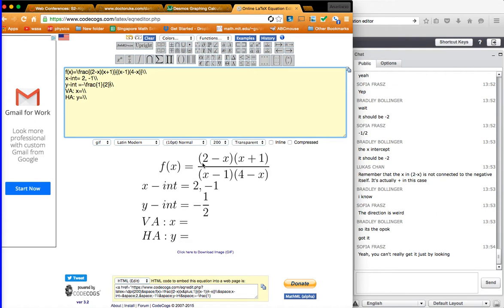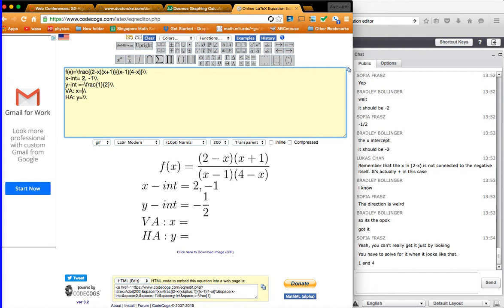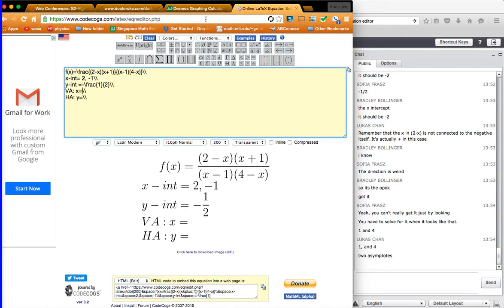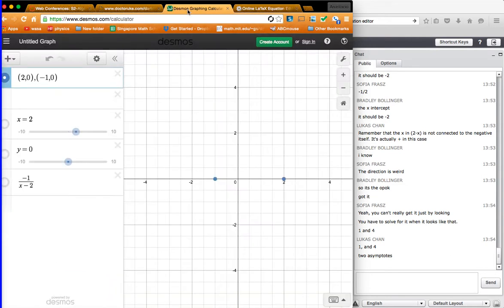All right. What is the vertical asymptote in our case? 1 and 4. So there's a vertical asymptote at 1 and 4. Okay, good.